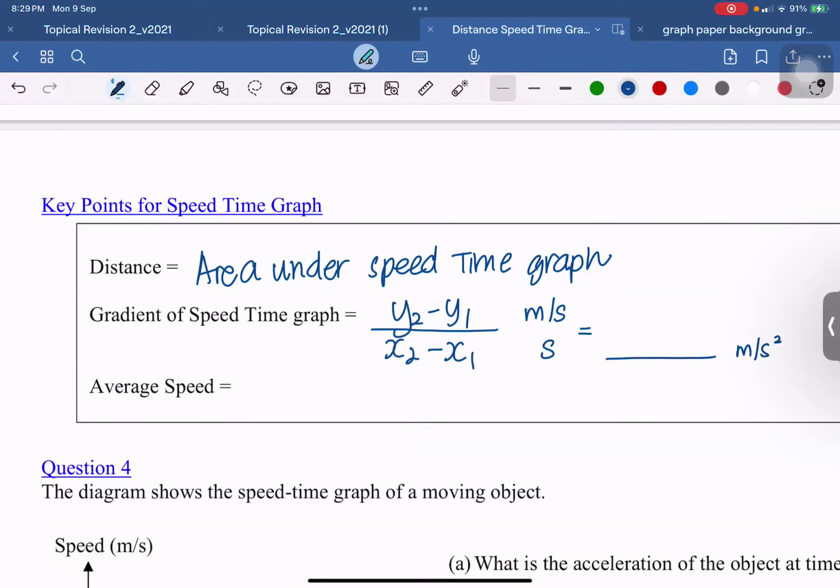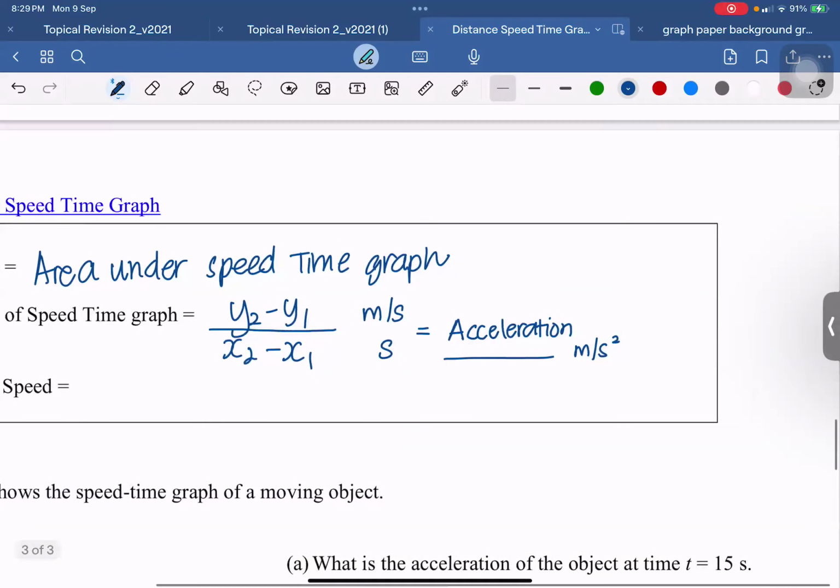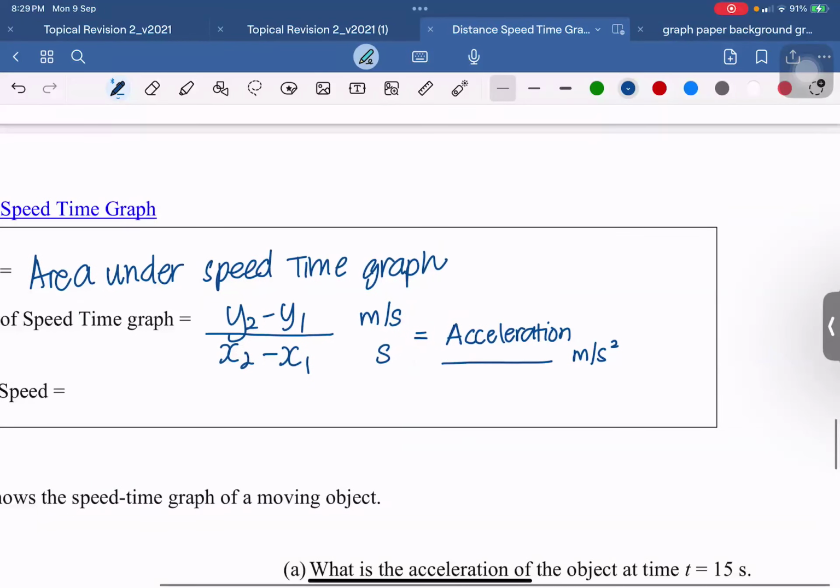This one starts with A. Acceleration. Yeah. So in this case, when you have the gradient of the speed-time graph, the gradient tells you the acceleration.